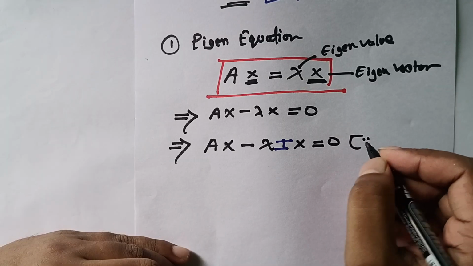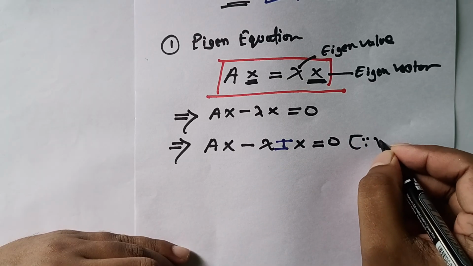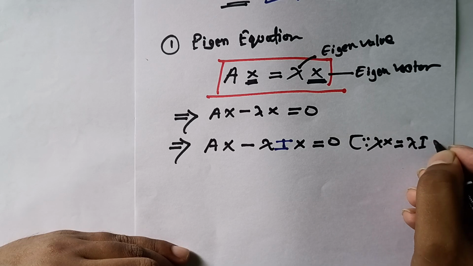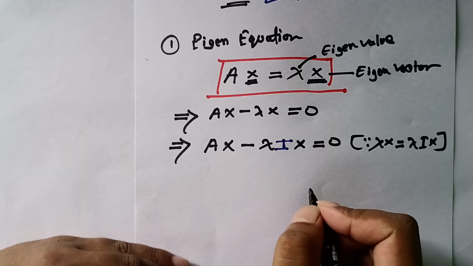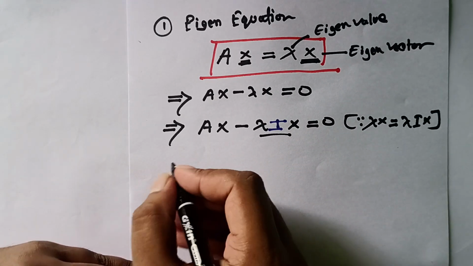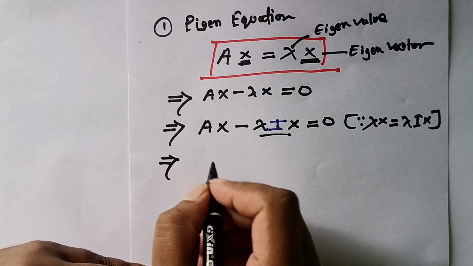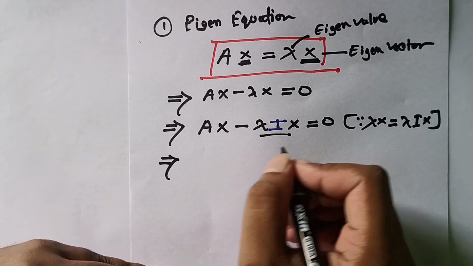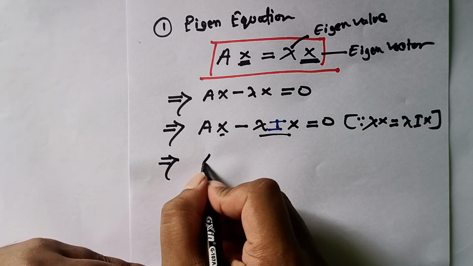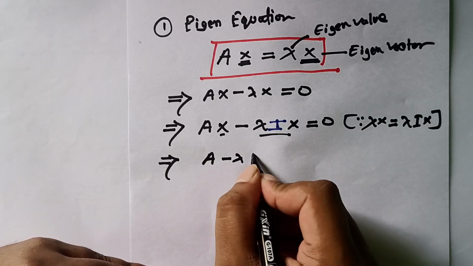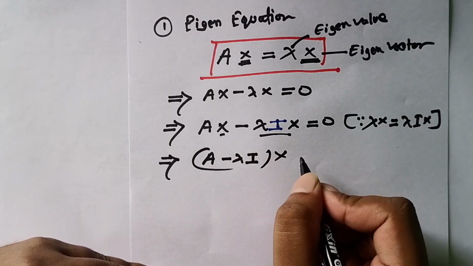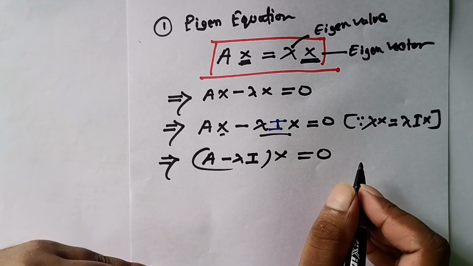Note here that lambda x is definitely equal to lambda I x. Next, we can take x common, so we remain with (A minus lambda I) x is equal to 0.